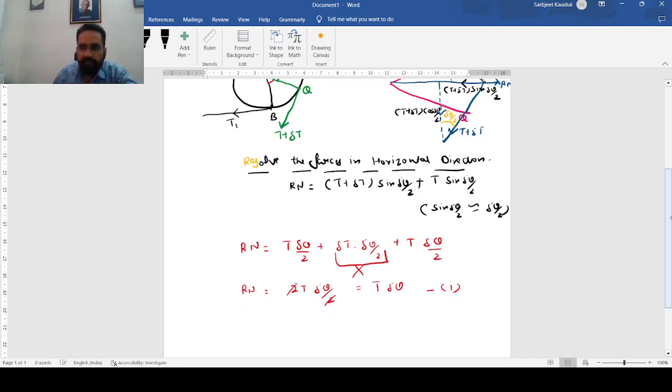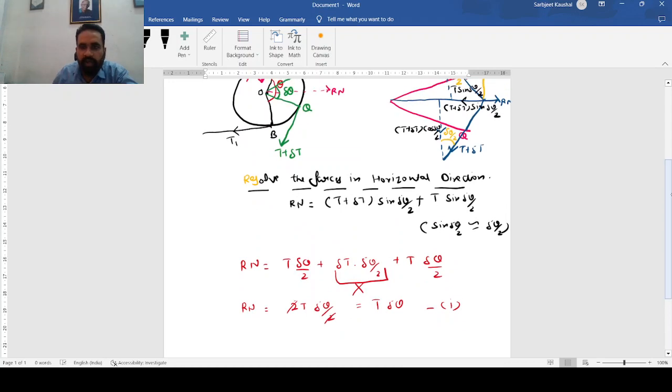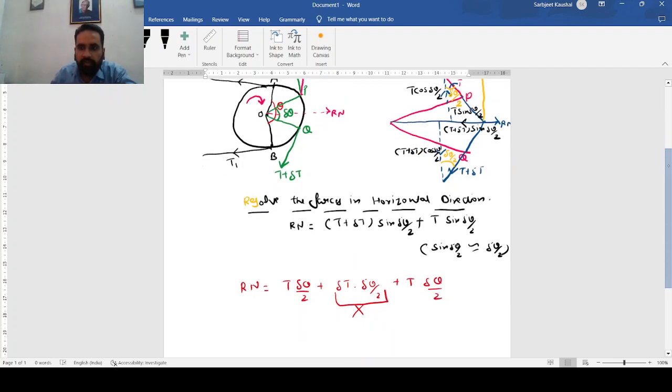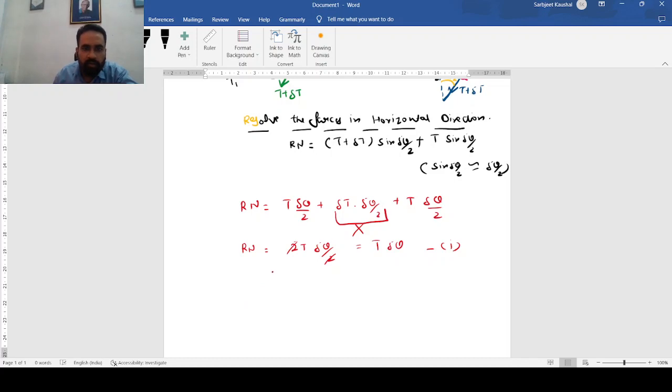So the next thing is we have to divide the forces now in vertical direction. So in vertical direction we have the force, first force is this F, then we have this T cos delta theta by 2, that is the vertical component of this tension at point P, and then here we have the component (T plus delta T) into cos delta theta by 2. So we can just write forces in vertical directions.